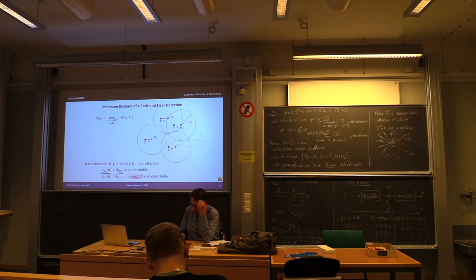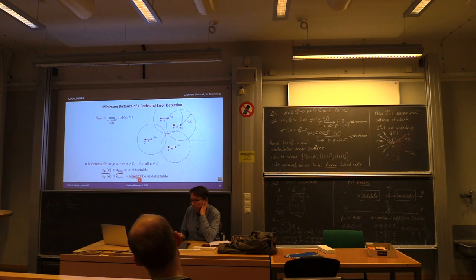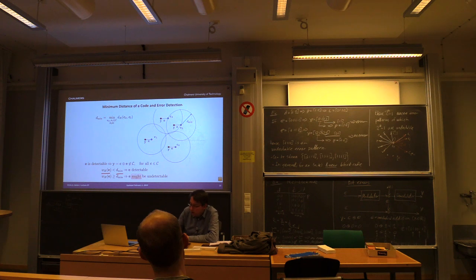If the Hamming weight, however, is larger than the minimum distance, then E might be undetectable, but not necessarily. In this case, there is only one error pattern which is problematic when it has Hamming weight d-min, and that's this one.